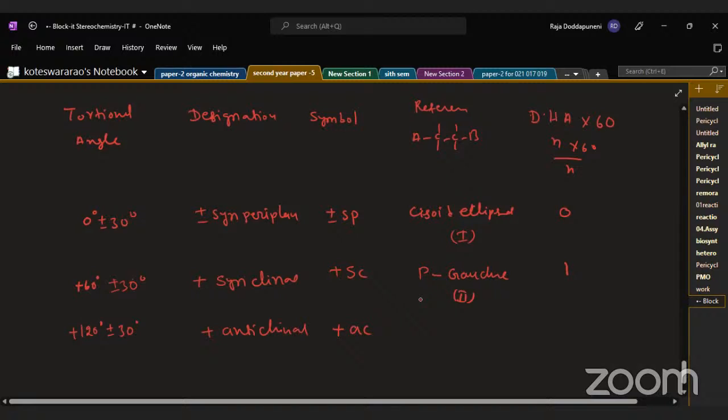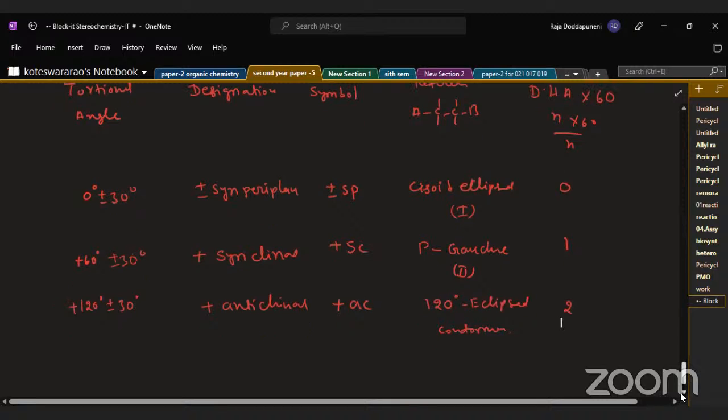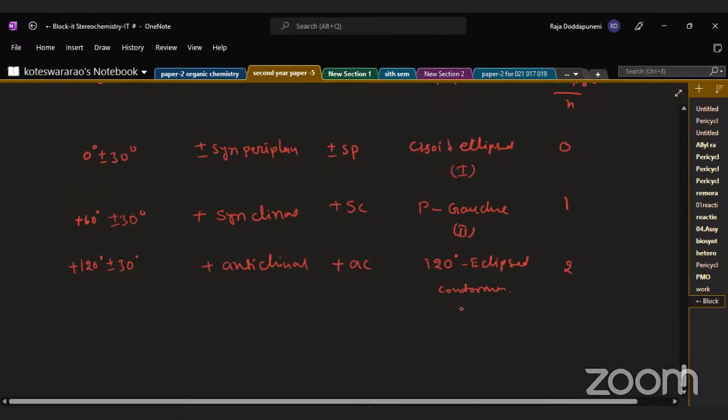Now this is the 120 cissoid structure, eclipsed conformer. Now the dihedral angle is a multiple of 2, 2 into 60, 120. Okay. This is actually the third structure in the above given conformational structures.